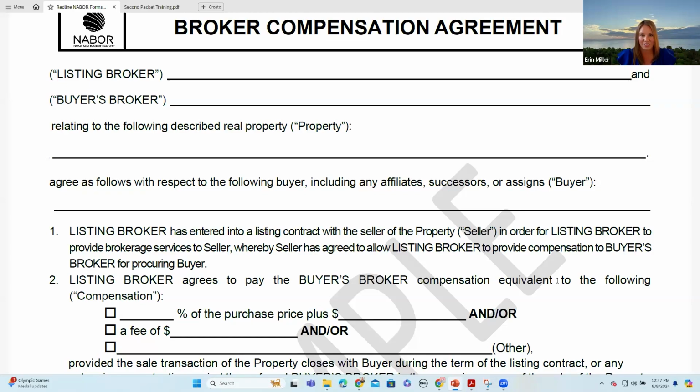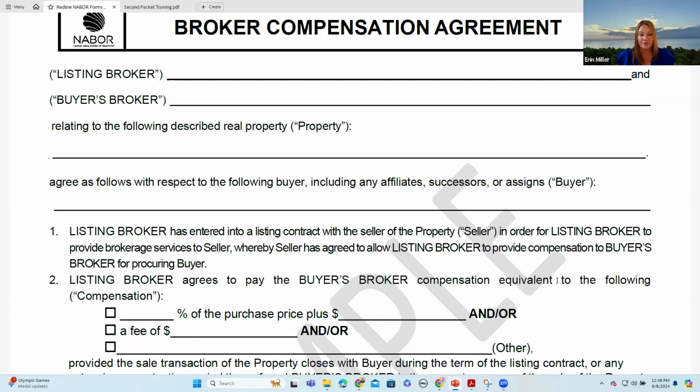So this is the documentation between the listing broker and the buyer's broker for offering compensation, and there would be an agreement that, upon receipt by the listing broker of the total compensation under their listing agreement, the buyer's broker would be compensated a portion as negotiated herein. So it's signed between the listing broker and the buyer's broker related to this particular property address.